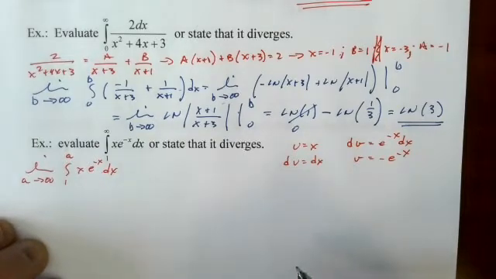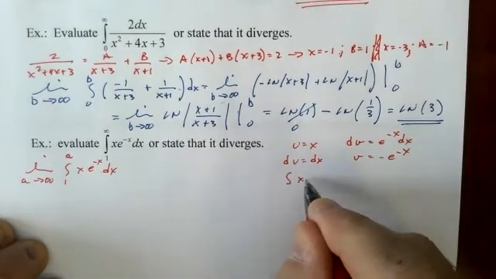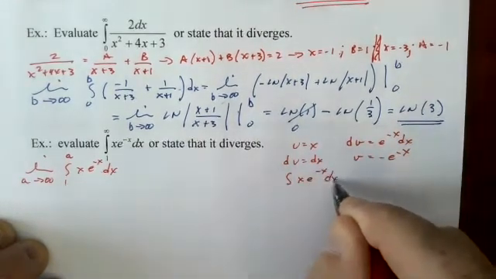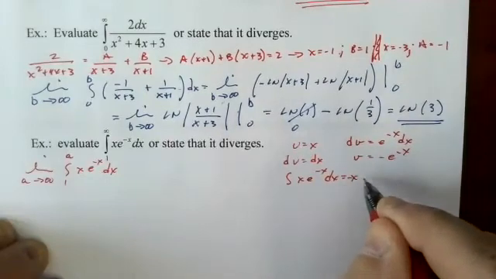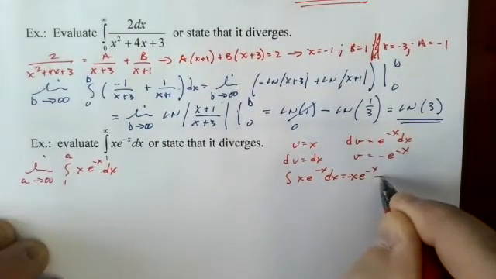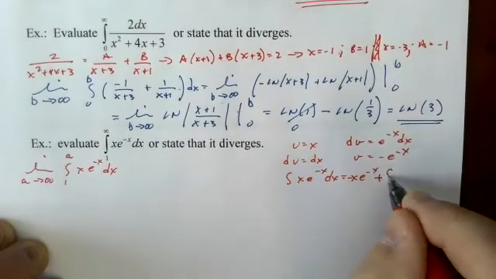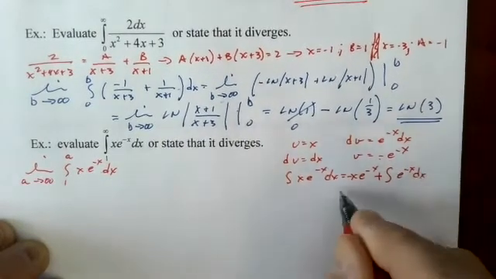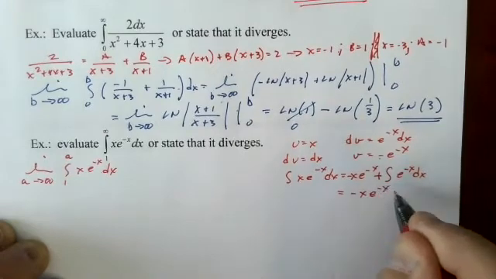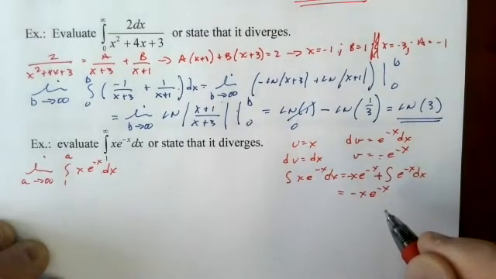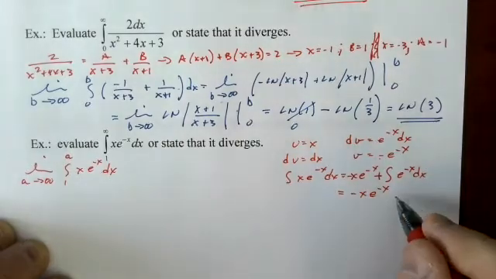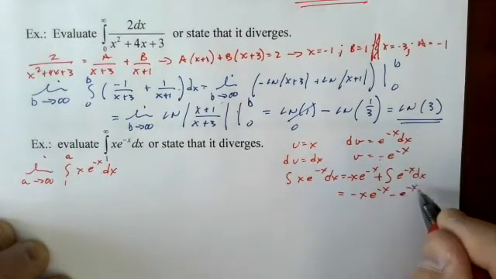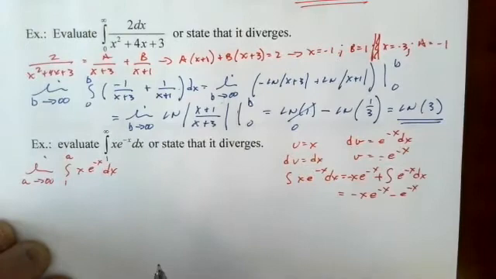Hopefully we can do this. So that means that the integral of x e to the negative x dx equals x times negative e to the negative x minus, it becomes a positive because of this one right here, the integral of e to the negative x dx, which equals negative x e to the negative x minus e to the negative x. We'll see, but we don't need that.